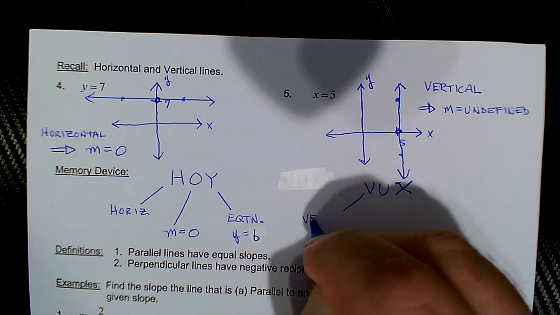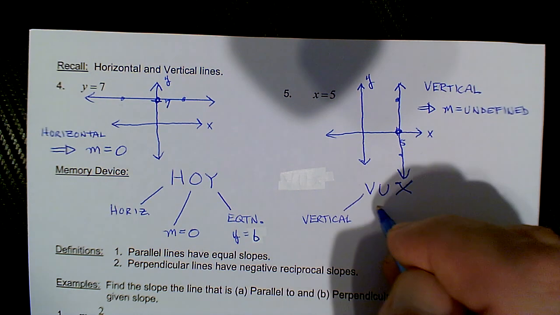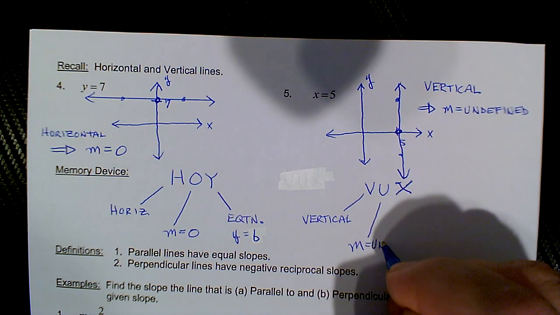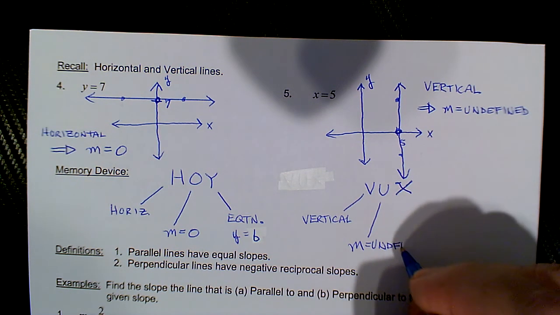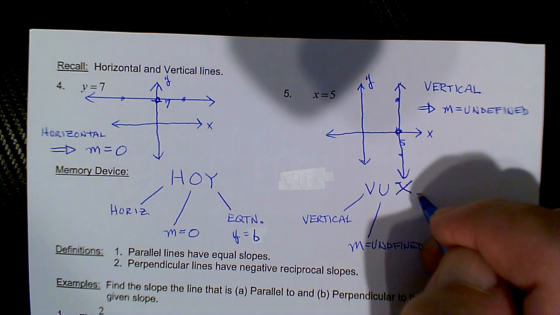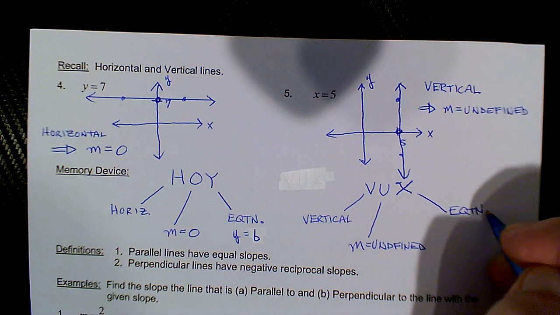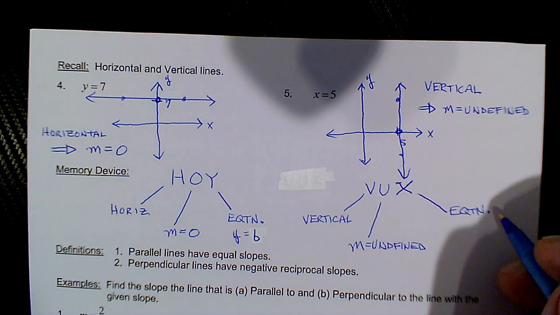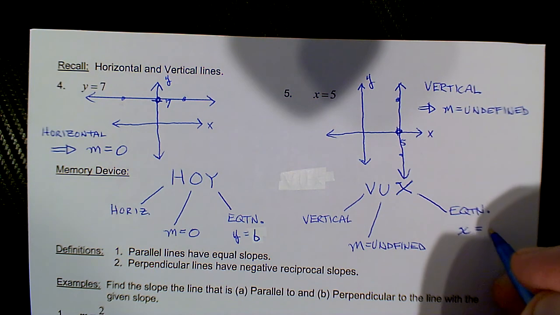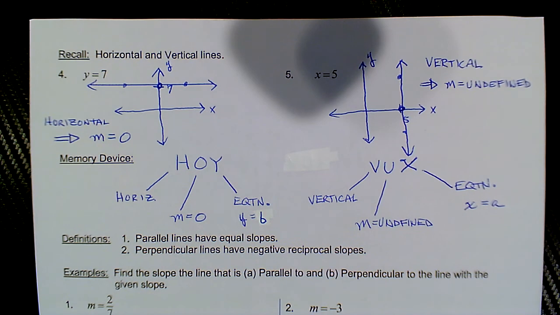And so in part A, the given slope is 2/7. So for the parallel line, the slope is also 2/7.